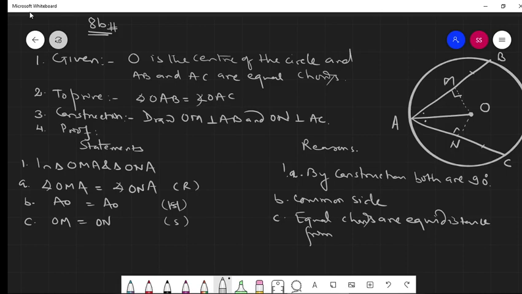And number 2, triangle OMA congruent to triangle ONA. The reason is by RHS congruency test.